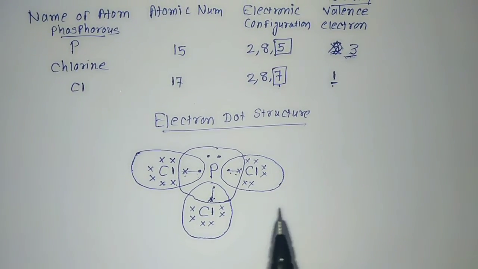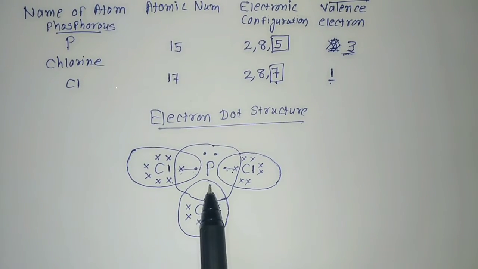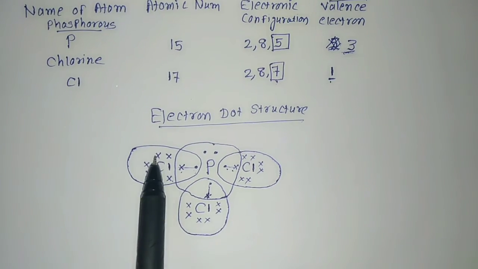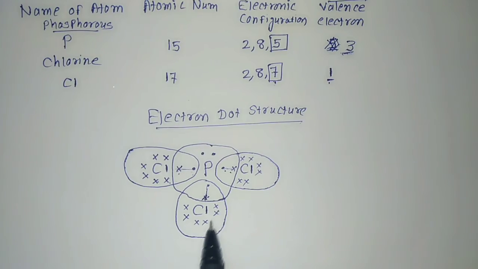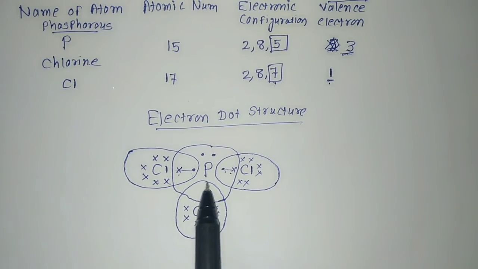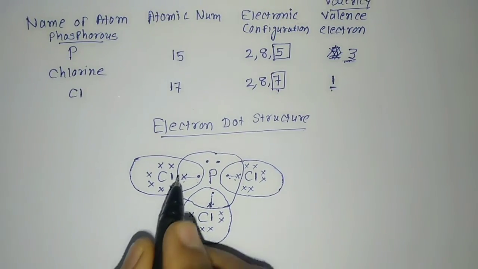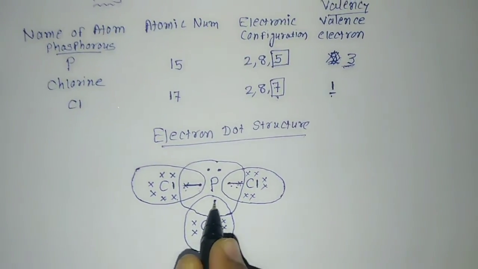So in all circles you can see 8 electrons. Similarly 7 is of its own and one more is with the phosphorus, 8. Here also it is 8. So it makes this bonding 1, 2 and 3.